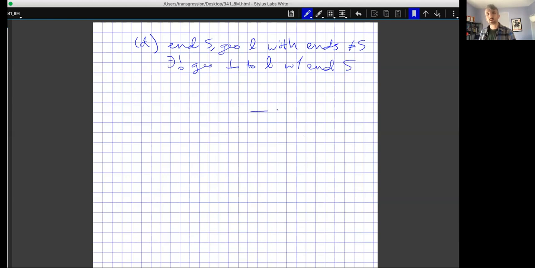That's getting a little weird, right? We've got this geodesic L, we've got some S over here, and we're claiming that there is, in fact, that's supposed to be a right angle, a geodesic that has S as its end and is perpendicular to L.